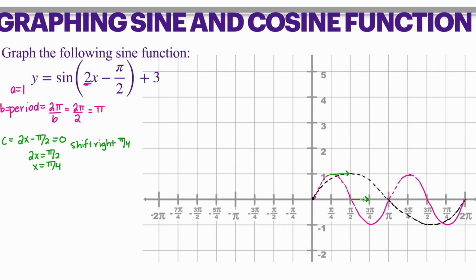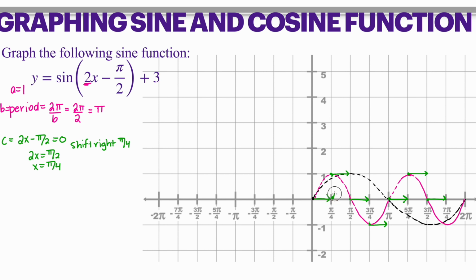Each of these units is pi over 4. So I'm going to take each section where it crosses 0 or crosses at 1, and we're going to shift it over pi over 4.